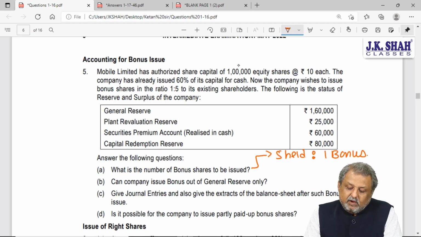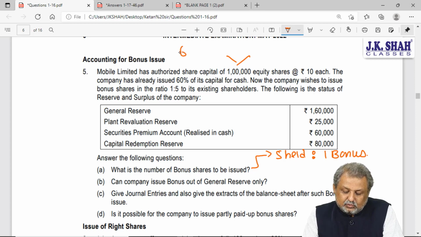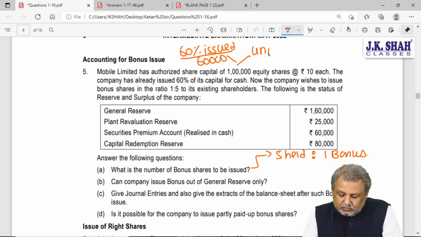Out of 1 lakh shares, 60% are issued. 60% issued means 60,000 issued. Unissued 40,000.